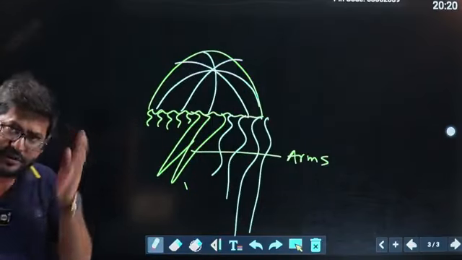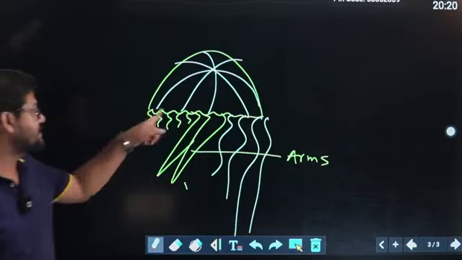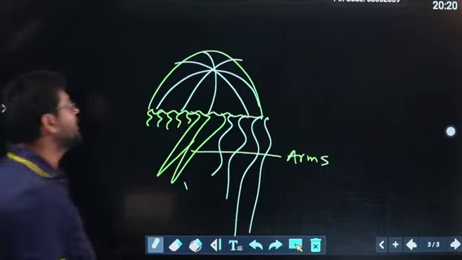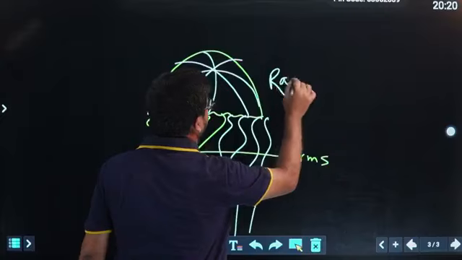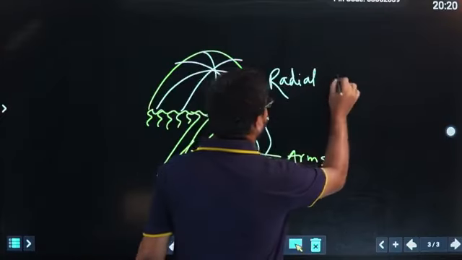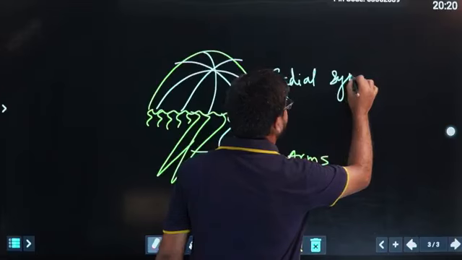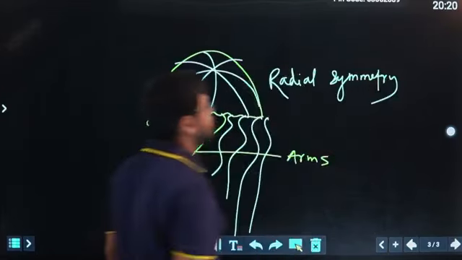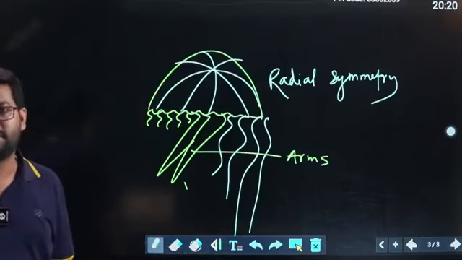You can dissect the animal along different axes and you can get equal halves. For that reason, it is a radially symmetrical animal. So radial symmetry is an important characteristic of phylum Cnidaria.